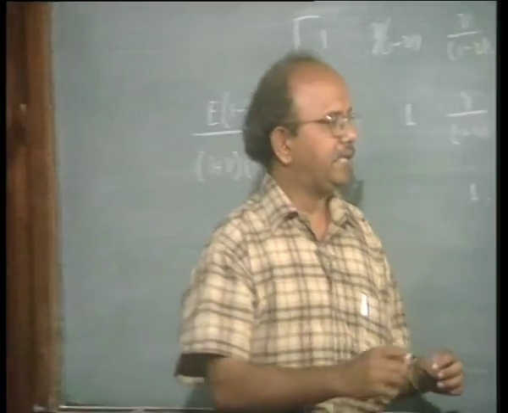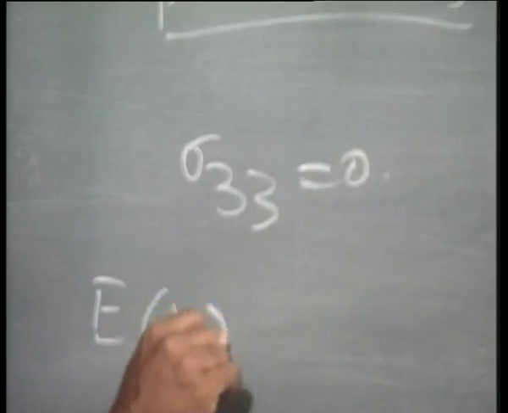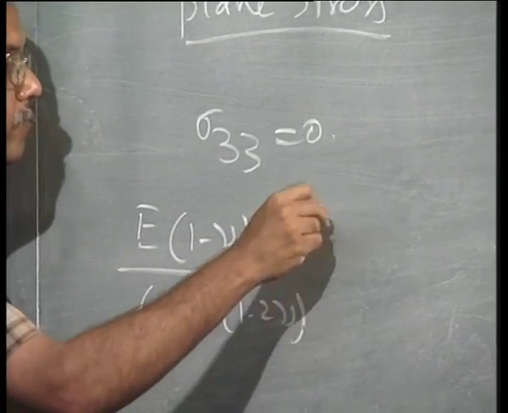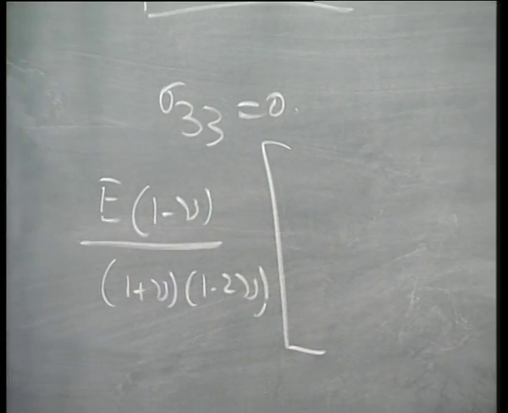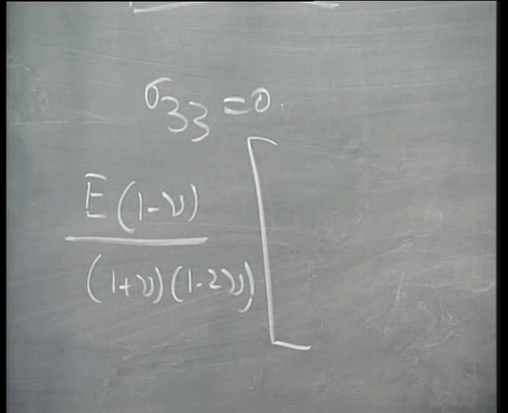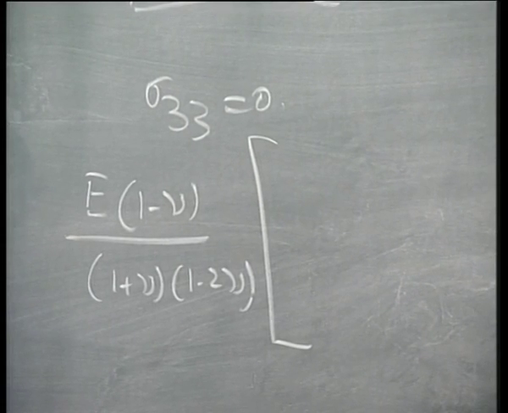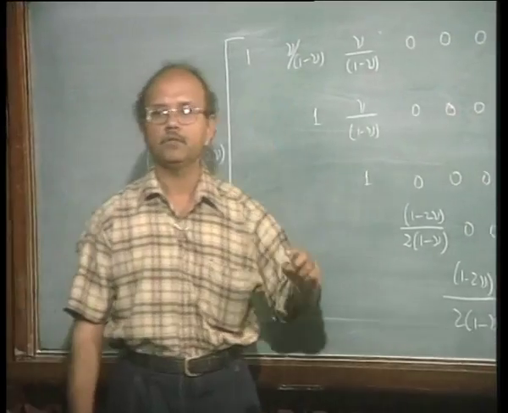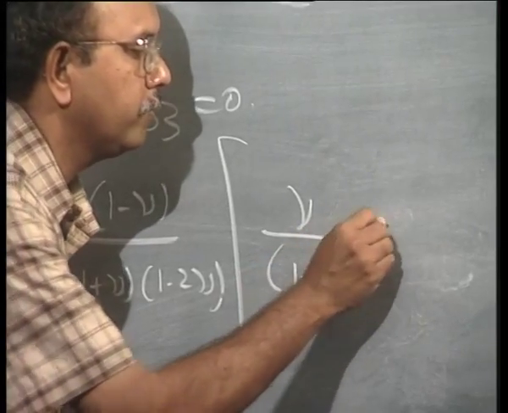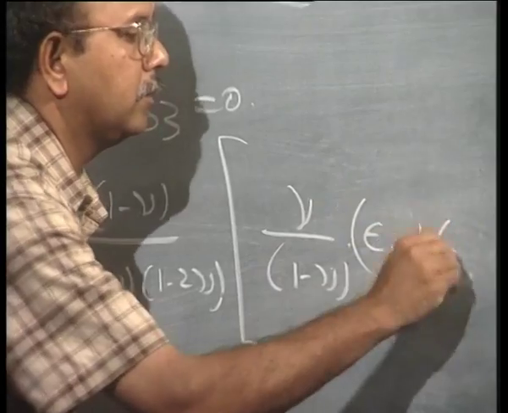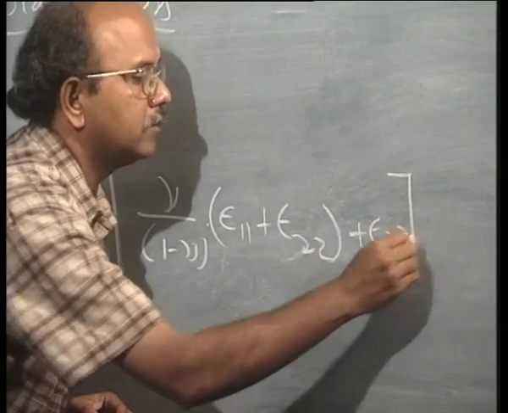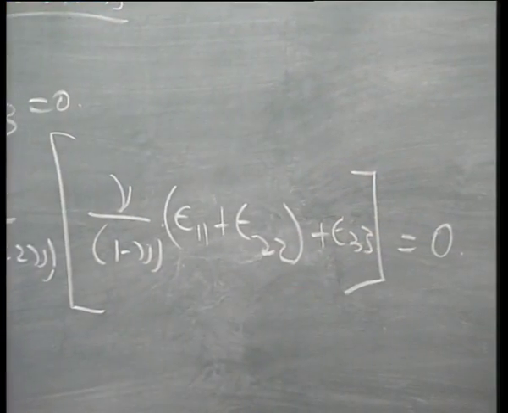For example, you can write that E divided by 1 minus nu into 1 plus nu into 1 minus 2 nu into, that's the first one, 1 plus nu into 1 minus 2 nu into, how do I write this? What are the terms that would come into picture? Into nu divided by 1 minus nu into epsilon 1 1 plus epsilon 2 2 plus epsilon 3 3 is equal to 0.